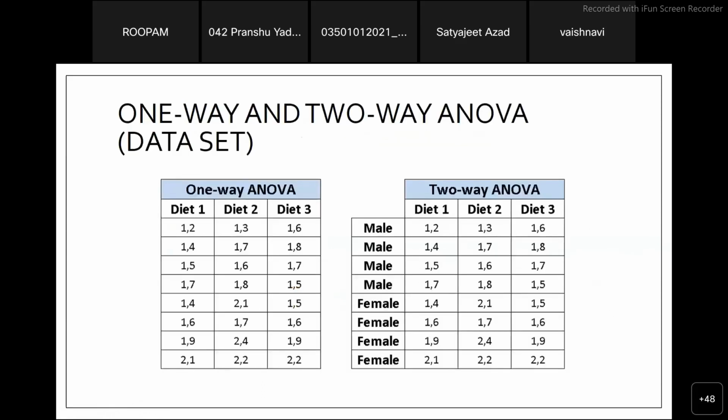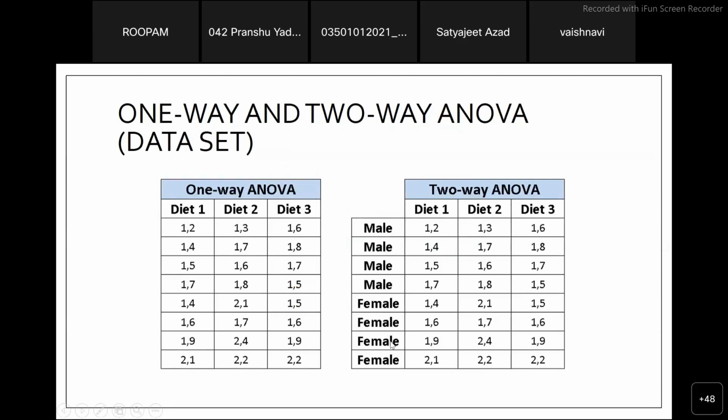If there is a case of, let's say, one-way ANOVA, with diet 1, diet 2, diet 3, the independent variable is the diet category, and the response is, let's say, weight loss. See, one-way ANOVA. In two-way ANOVA, there are 2 factors: diet 1, diet 2, diet 3, and male and female.